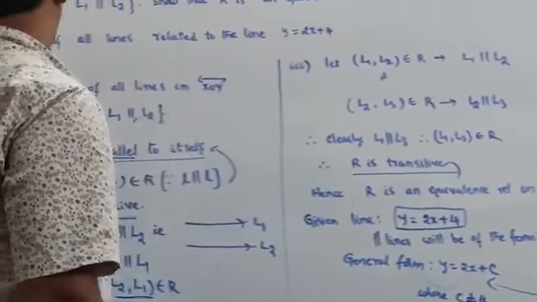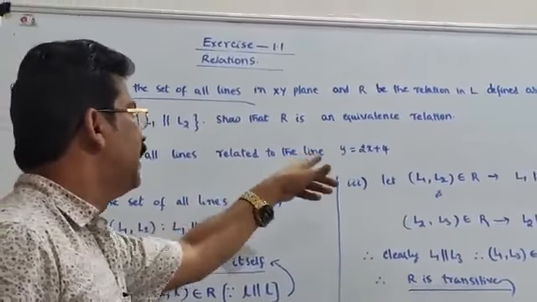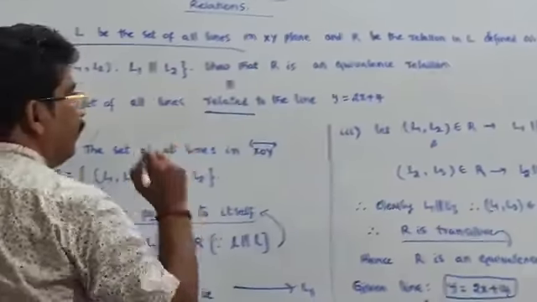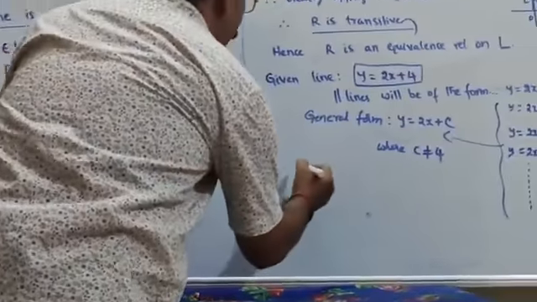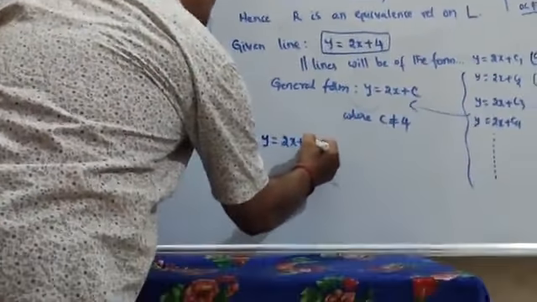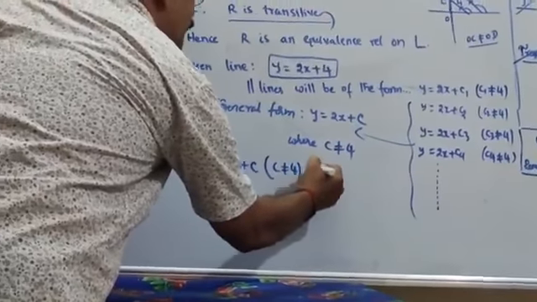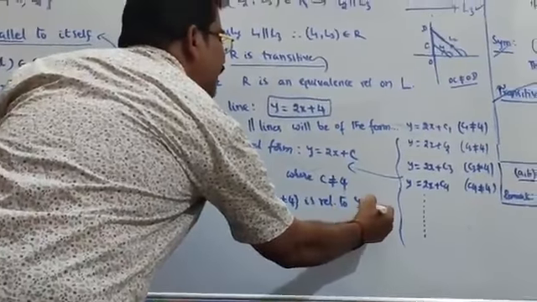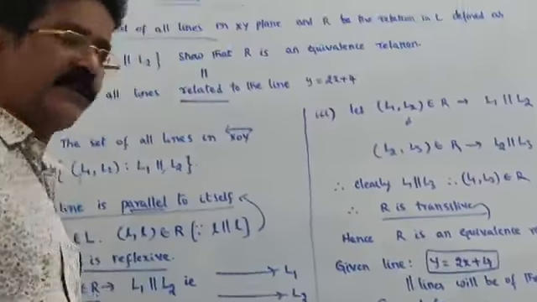So find the set of all lines related to the line. What is the relation? Parallelism. So therefore y equal to 2x plus c, where c is not equal to 4, is related to y equal to 2x plus 4. This is the answer. Hence the problem.